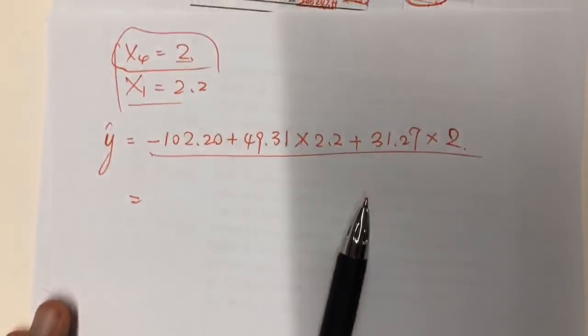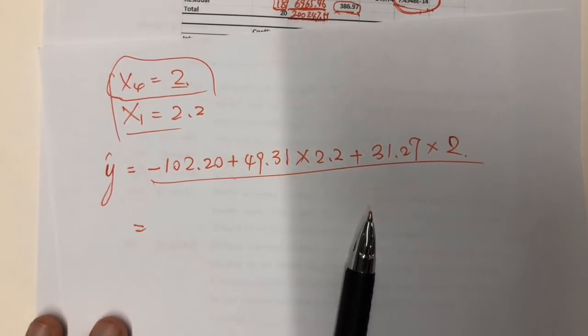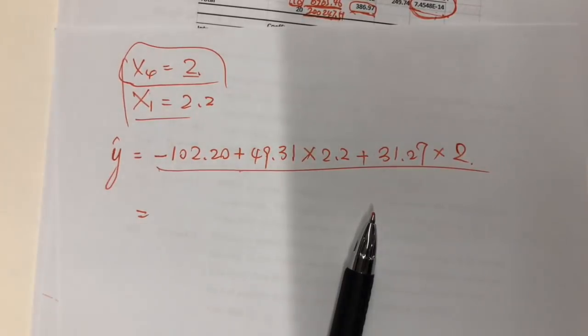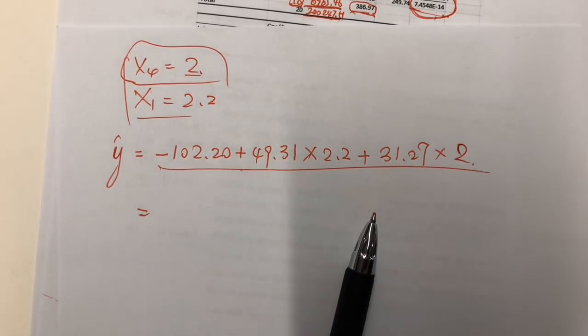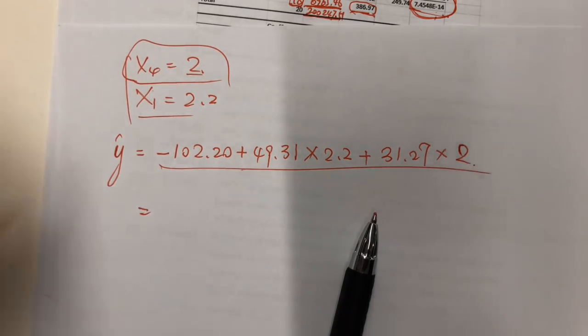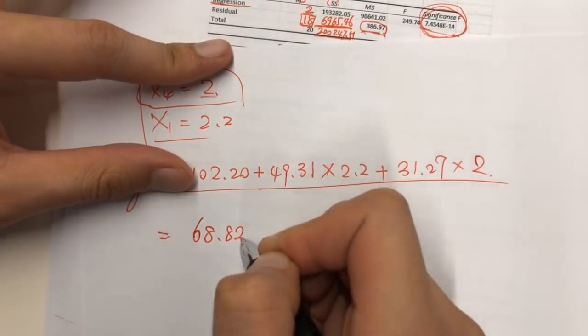Can anyone help me? I don't want to type everything into Excel, so help me calculate this result. Good, 68.822. Thank you, 68.822.